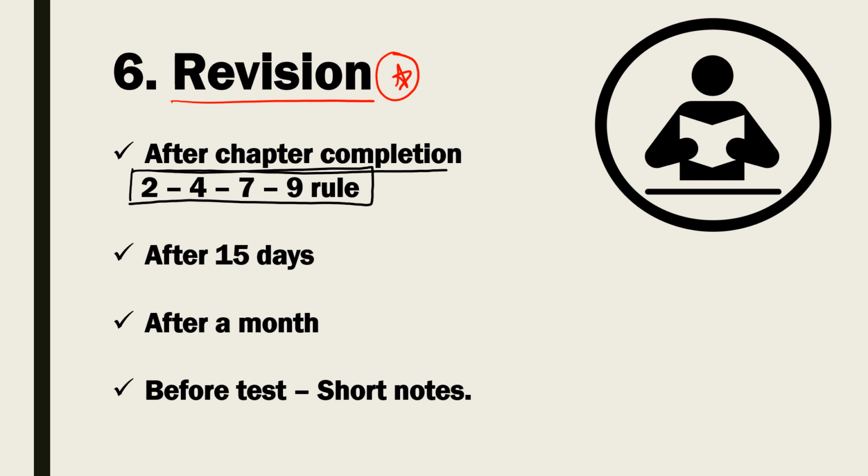After completing a chapter, on the very second day, revise the short notes of the chapter or read the NCERT of that chapter, or you can see the diagrams. Then take a break on the third day, again on the fourth day revise the chapter, then on the seventh day and on the ninth day. In this way you will remember that chapter for a long time till the NEET exam.